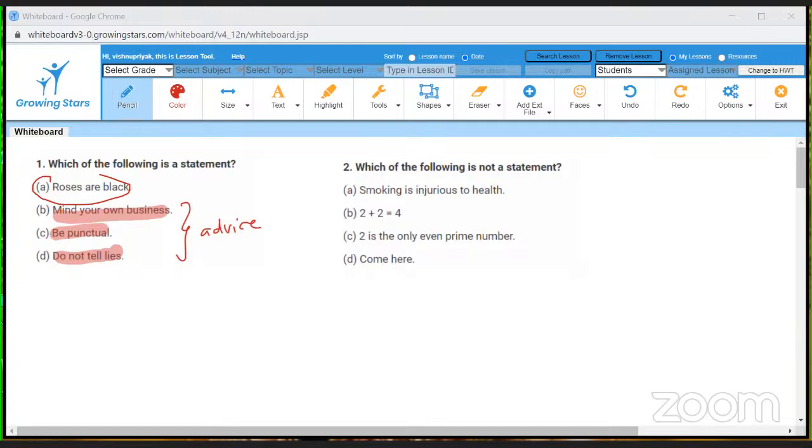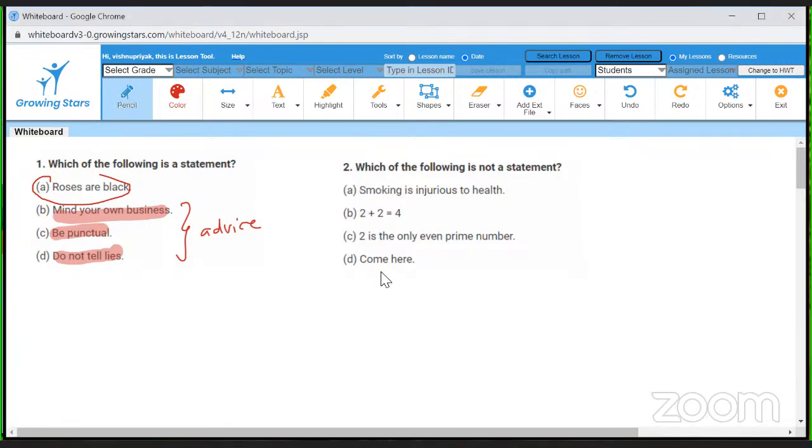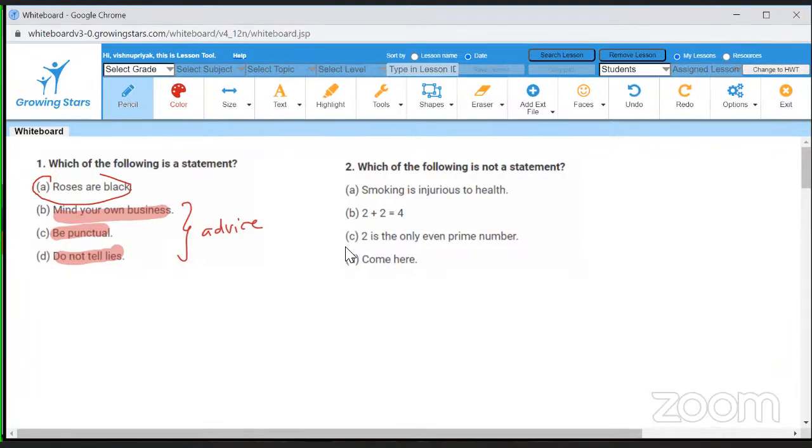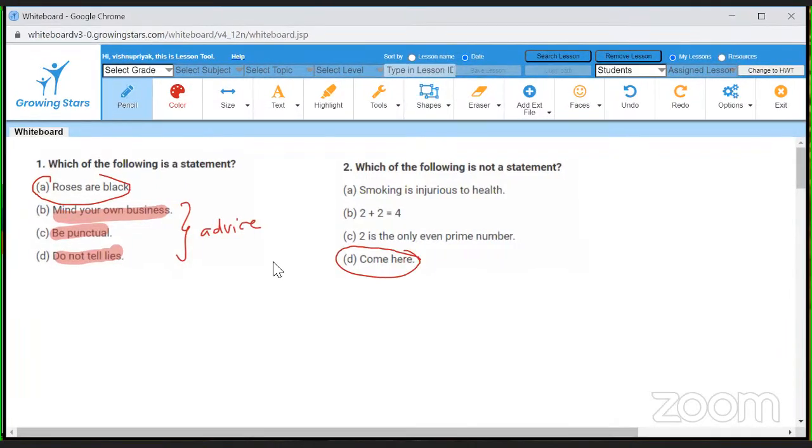Come here. This is not a statement. It is an order. So the correct answer is the one which is not a statement, which is an order. D is the right option. Yes, Sagar, D is the right option. I'll put the next one.